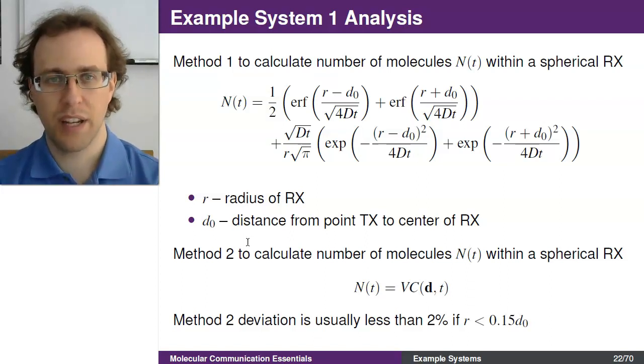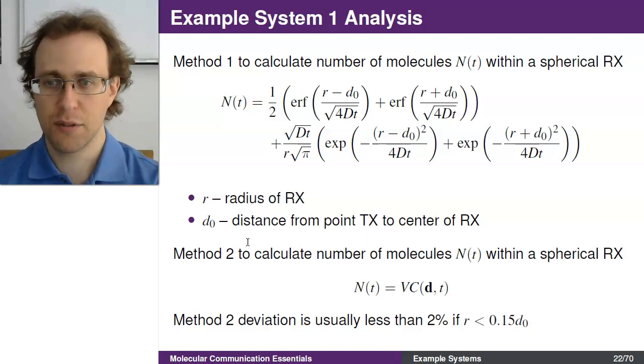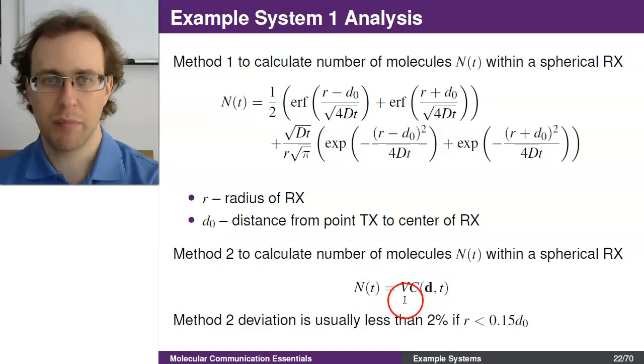So for analysis, we tend to favor applying a uniform concentration at the receiver if we can. This would be method 2. All we need to do is take the point concentration and multiply it by the volume.